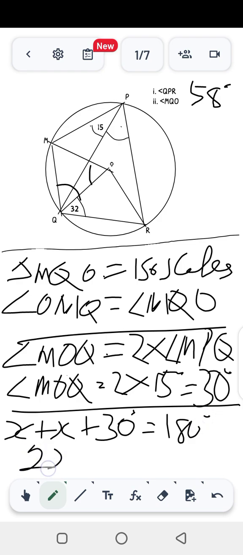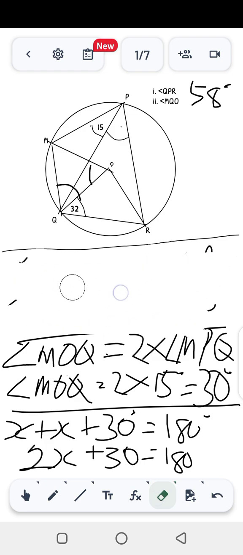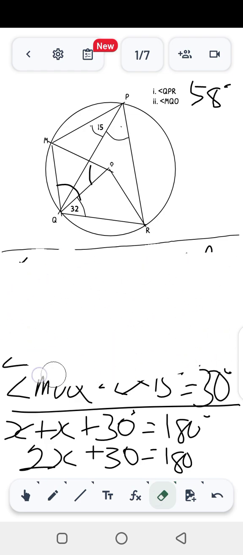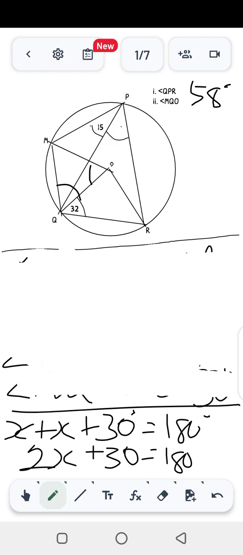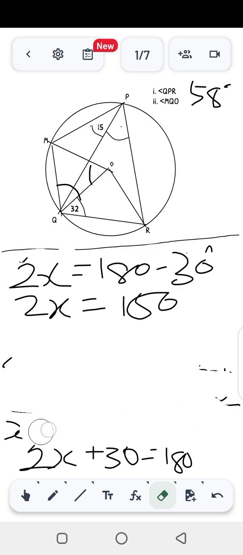This gives us 2x plus 30 is equal to 180 degrees. So we have 2x is equal to 180 minus 30. We have 2x equals 150.